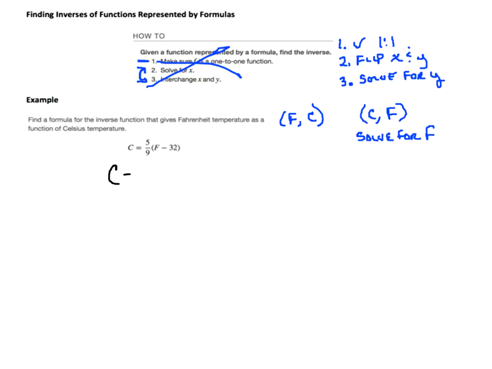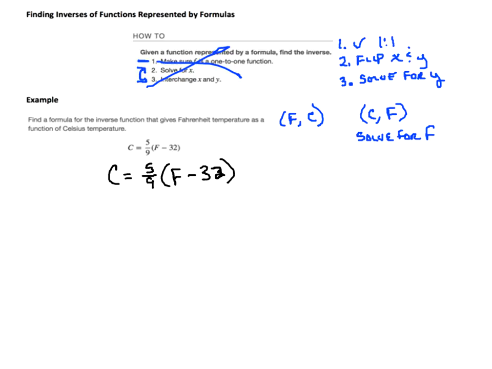Okay, so let's do that. We start out with C equals 5/9 F minus 32. And by the way, this is the equation to convert Fahrenheit to Celsius. So when we find its inverse, we're going to find the function to convert Celsius to Fahrenheit.